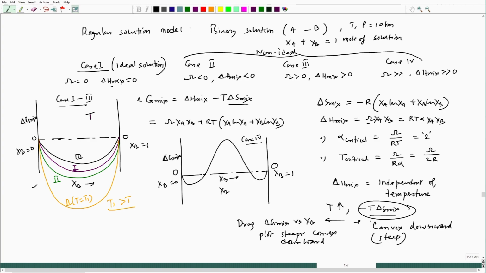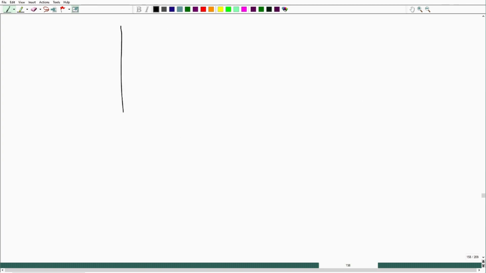Now, if I try to look at case 4, what would happen? We will see the effect of temperature increase on case 4. So, this is the zero line, and composition is changing this way, x p equal to 1, x p equal to 0, delta G mix.